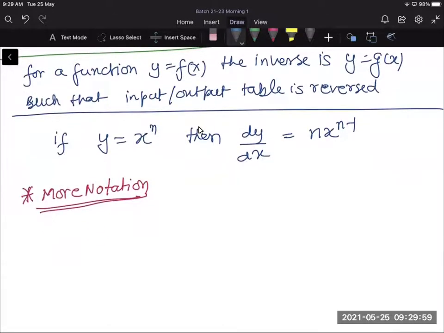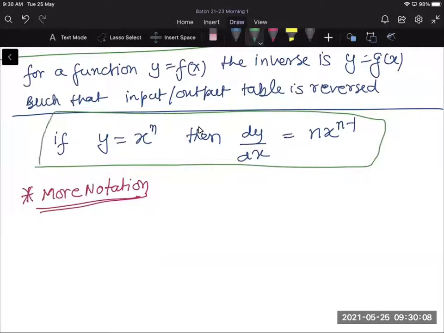Okay. Please follow me very carefully. So basically what I want to do is I want to compress this sentence. इसमें कुछ English है, कुछ maths है. Basically the sentence is saying that if you have a graph for which the equation is y is equal to x raised to the power n, then the slope of such a graph will be equal to n x raised to the power n minus 1. Okay.